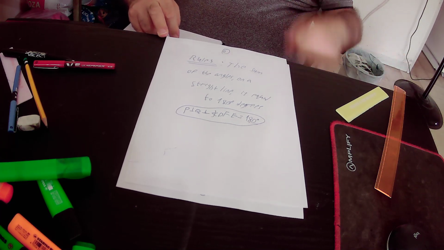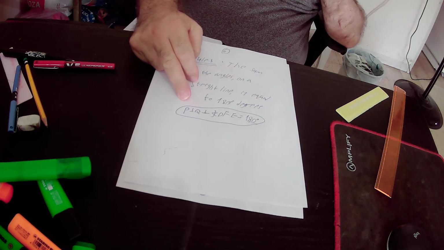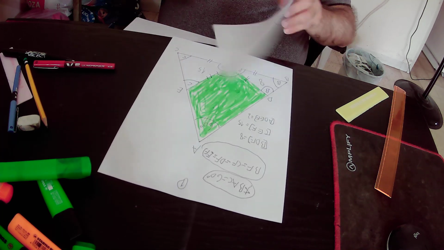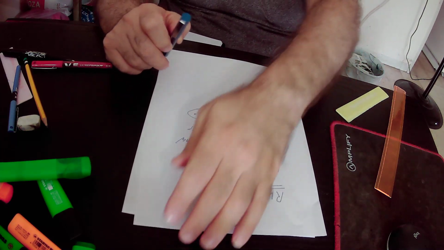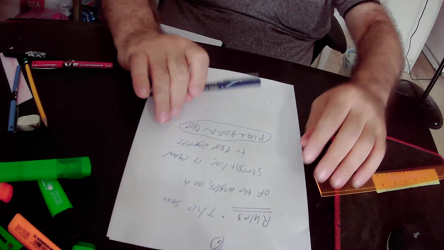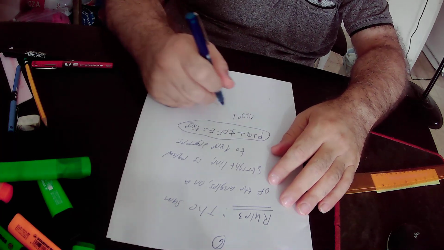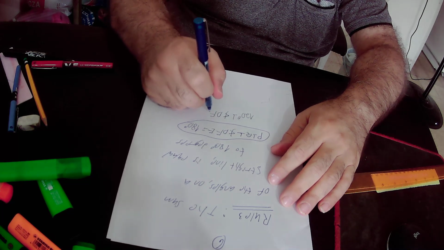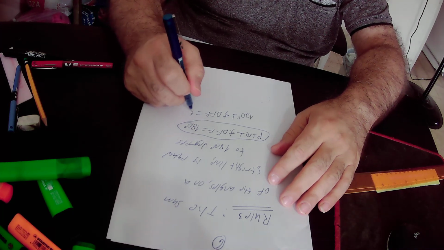But we have already found out that P plus Q according to equation number 2 equals 120 degrees, so we can substitute P plus Q by 120 degrees. So 120 degrees plus the size of angle DFE equals 180 degrees.